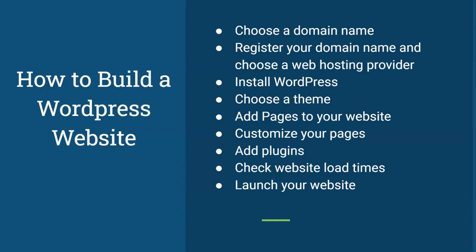For example, if you want to make your website an e-commerce website, you can download and install WooCommerce. That's where people are able to order things from you and all that.